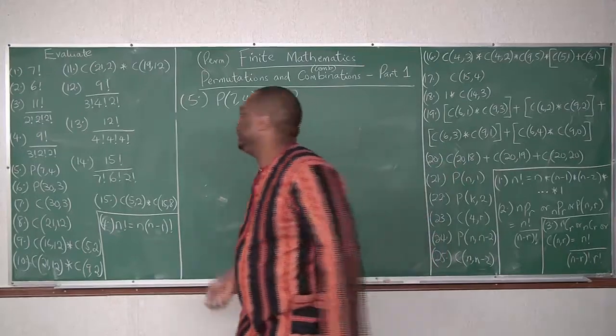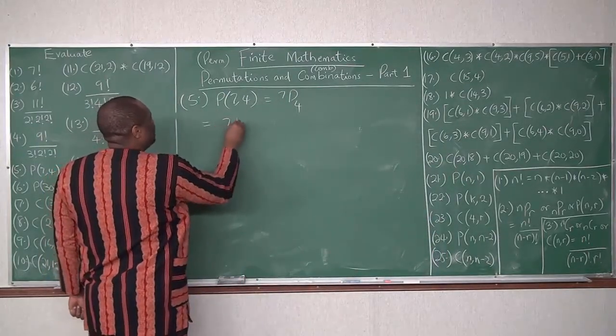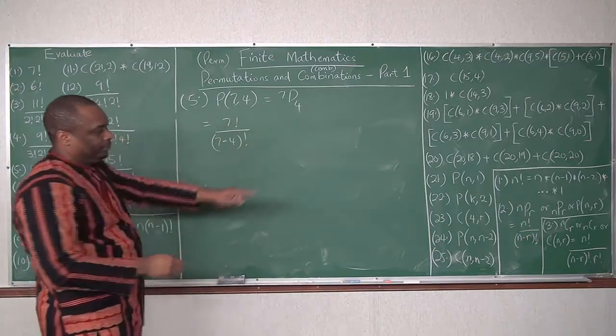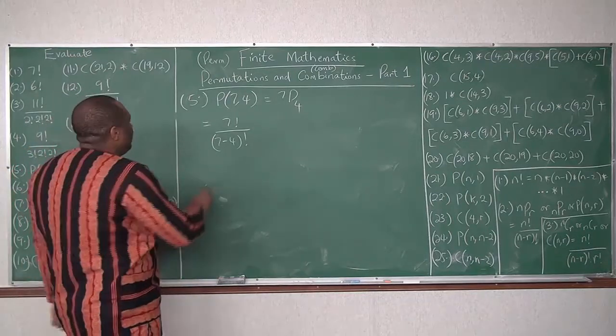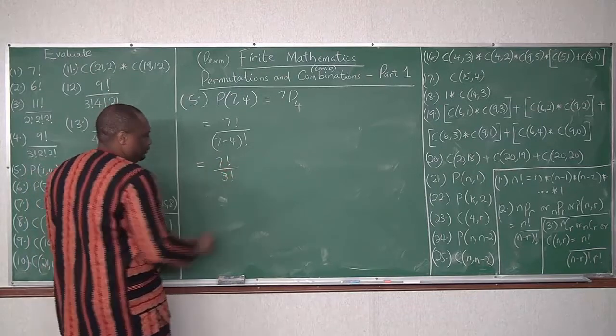That is the way we say it. So 7 P 4. This will be 7 factorial over 7 minus 4 factorial from the formula that I gave you. Okay? So this will be 7 factorial over 3 factorial.